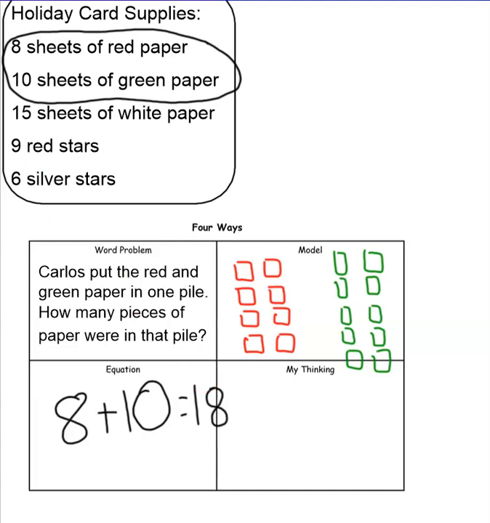So I'm going to write my data, my thinking about my data, and why I used it. How did we know what to use? I used the number of red and green paper.